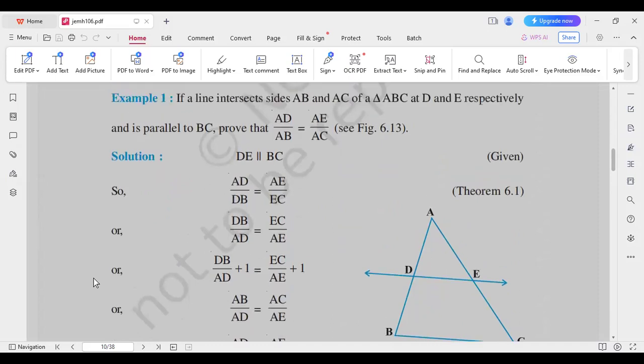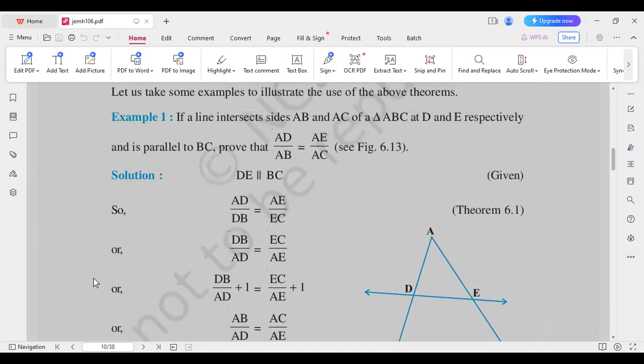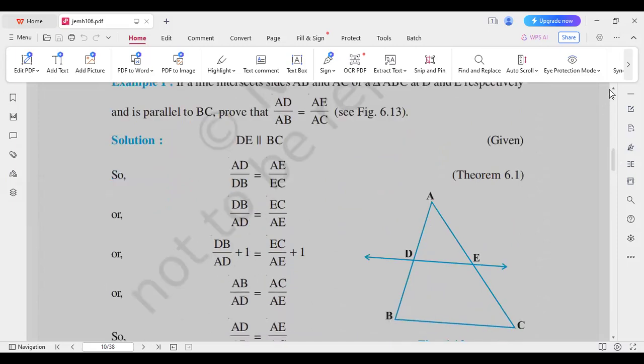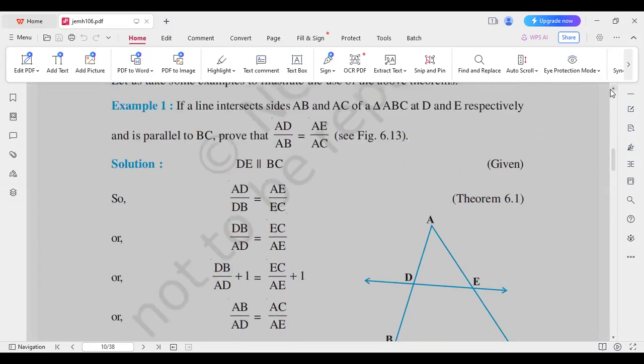Let's go directly to the question. Okay, here the question is given. In this question, it says, Manya, if a line intersects sides AB and AC, okay, what is the meaning of intersects? Just passing through it. So in this triangle, let me just show you the triangle properly. Okay, you can see the triangle, but I can't see the question. Yes.